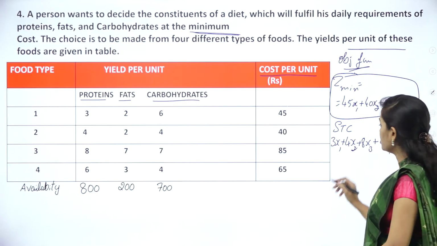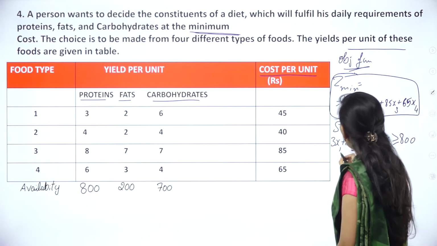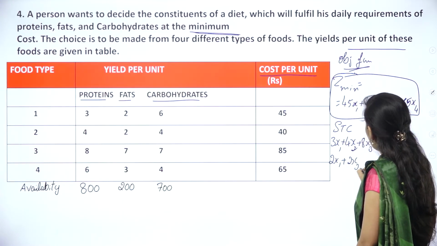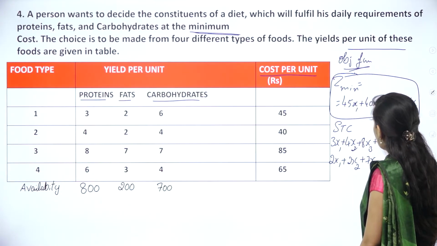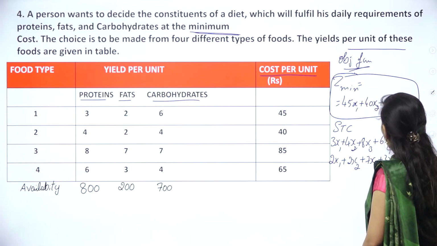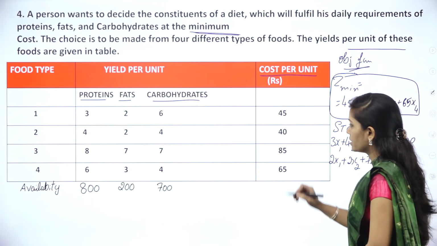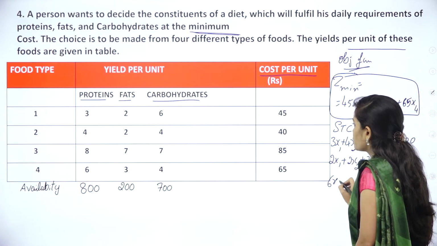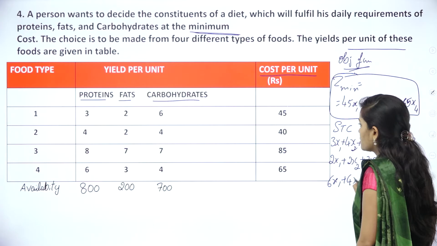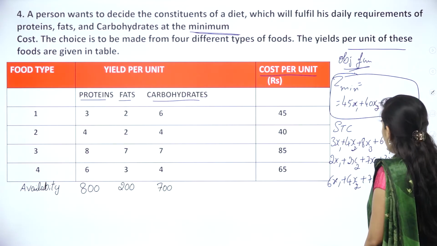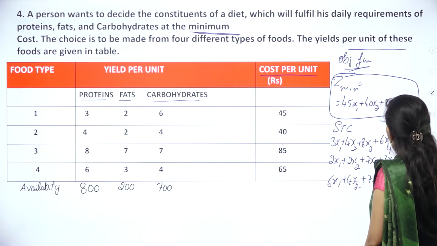So that is the first constraint, and the second constraint is 2x1 plus 2x2 plus 7x3 plus 3x4 greater than or equal to 200. And the third constraint is 6x1 plus 4x2 plus 7x3 plus 4x4 greater than or equal to 700.